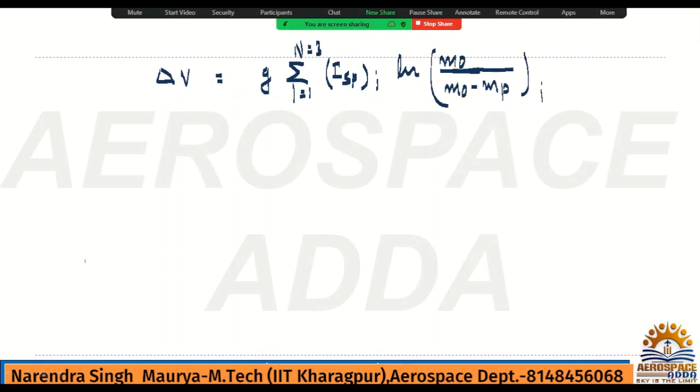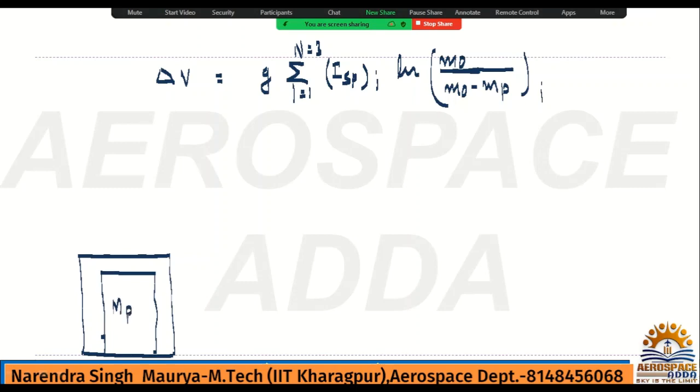Okay. So I can say this is the first stage. In this first stage, this is the mass of propellant 1, MP1, and this is the structural mass, MS1.